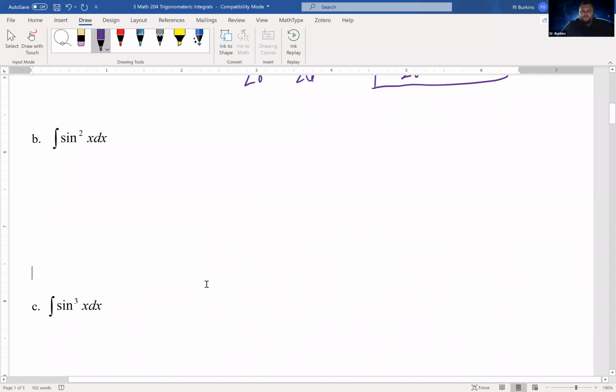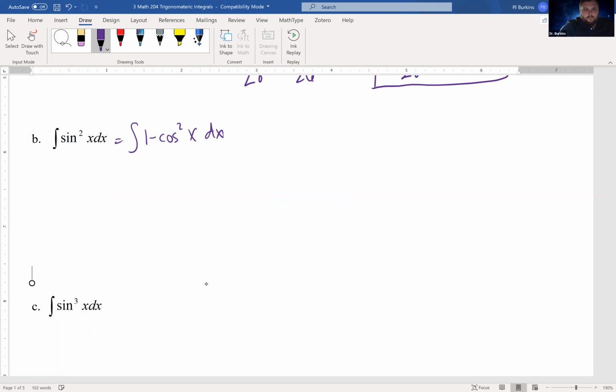So if I were to use the Pythagorean, how would you go about solving that integral? You'd have to use something for the cosine squared, right?